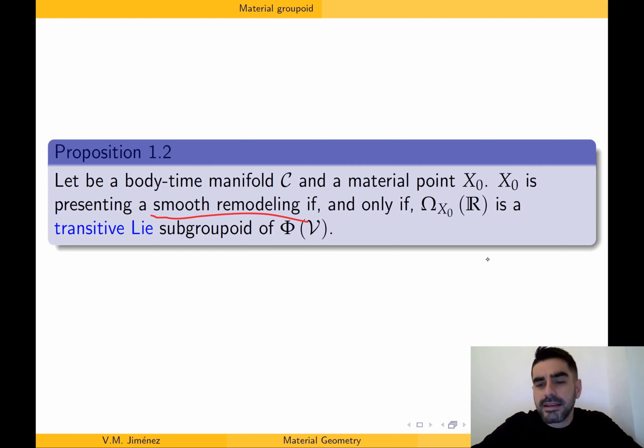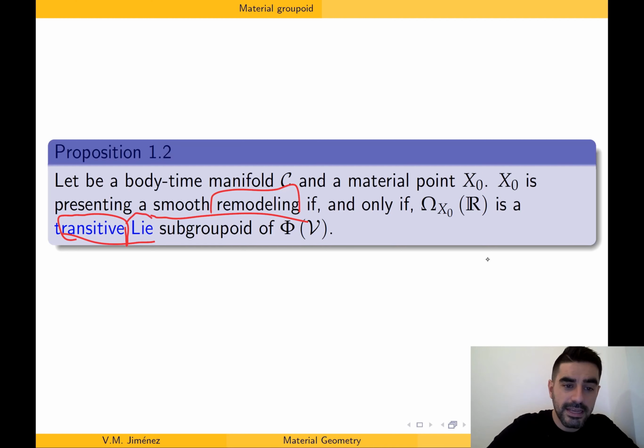A smooth remodeling is characterized by the condition of being a transitive Lie subgroupoid. So in this case, we can see how the word transitive is characterizing the word remodeling, and the word Lie is characterizing the condition of smoothness. So we have 2 characterizations, one for remodeling and another for a smooth remodeling.